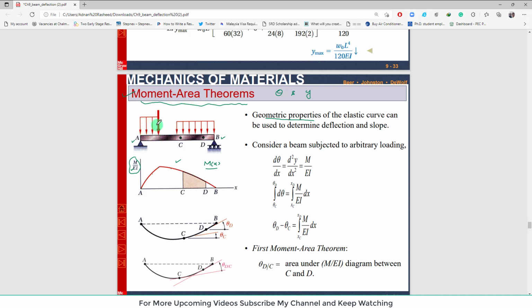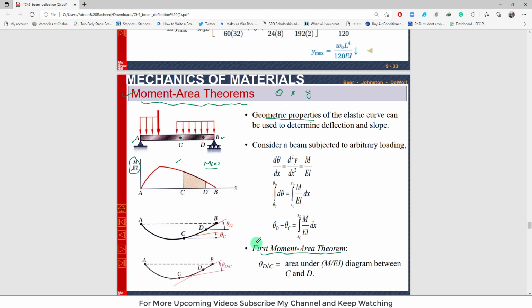You can see that the load is acting on this beam, and here is the M over EI diagram. Now you can see that there is a point C and D. If you are interested in finding the slope and deflection between points C and D, you can find the slope or deflection by using the moment area theorem. What does the first moment area theorem state? Suppose you are interested in finding the slope, for example.